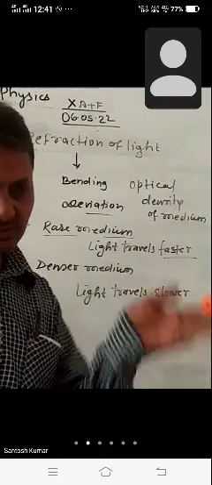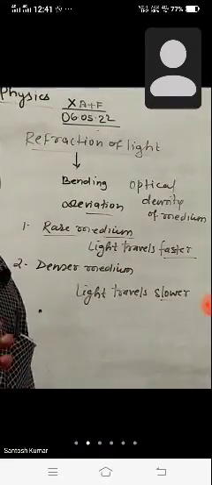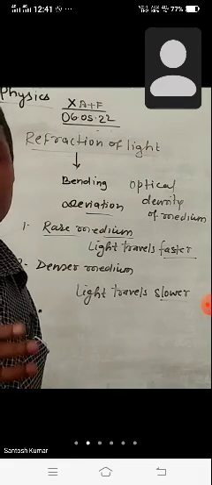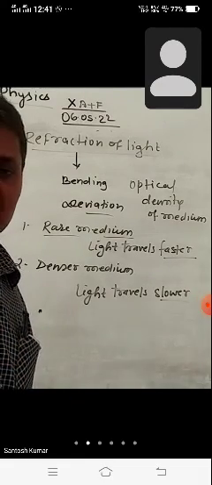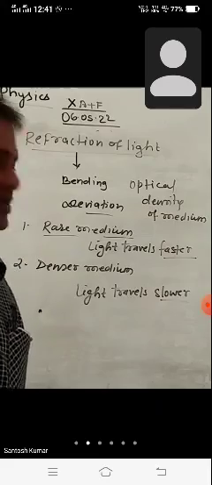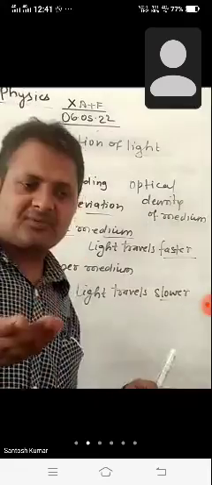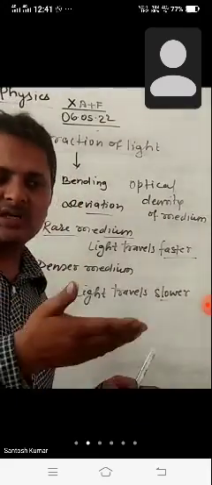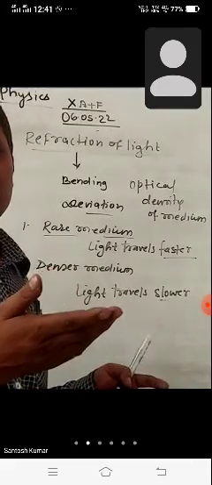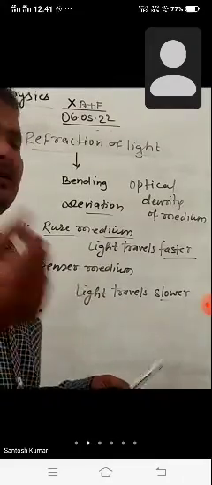If light is entering from one medium to another, it may slow down, or it may move faster in the other medium. So it is comparatively slower or faster from one medium to another. If the speed is decreasing going from first to second, then going back from second to first its speed will increase.